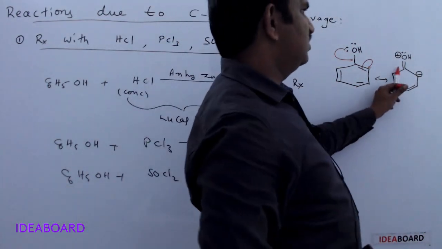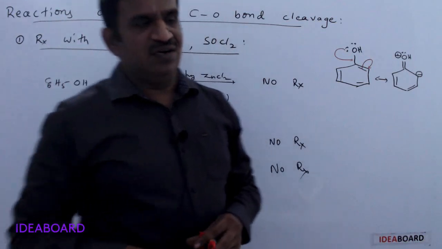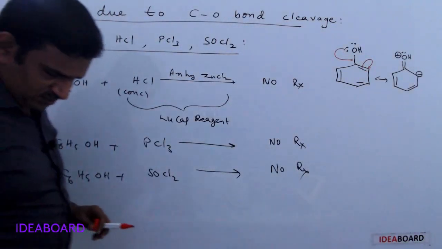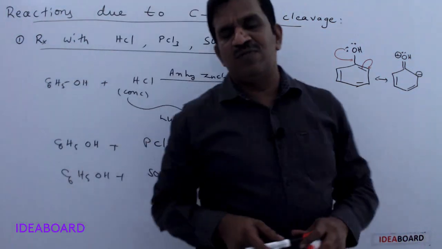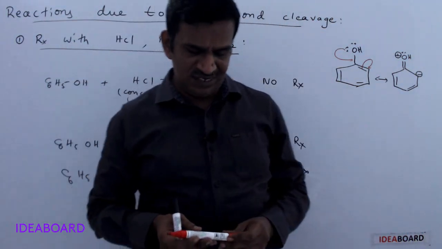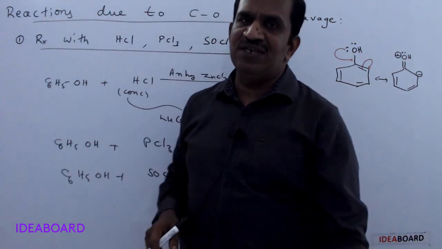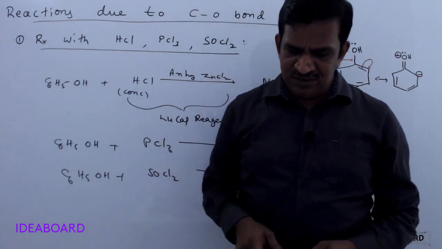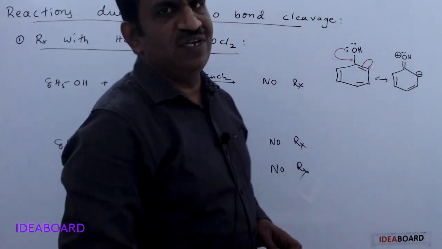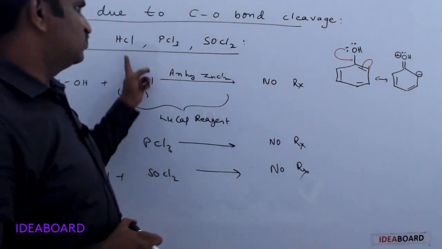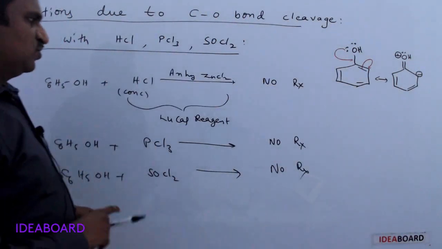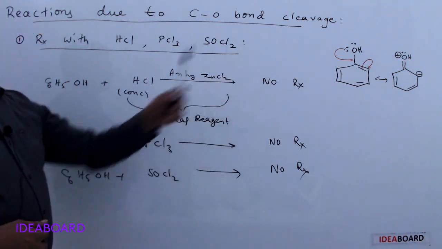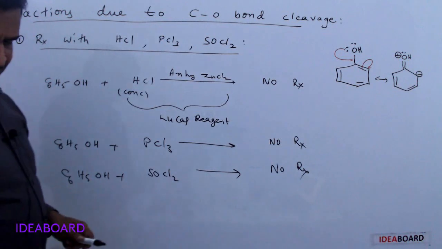Because of this partial double bond character of the CO bond, the normal reactions will not occur. CO bond dissociation doesn't occur easily and requires drastic or vigorous conditions. So with normal reagents, no reaction is observed.